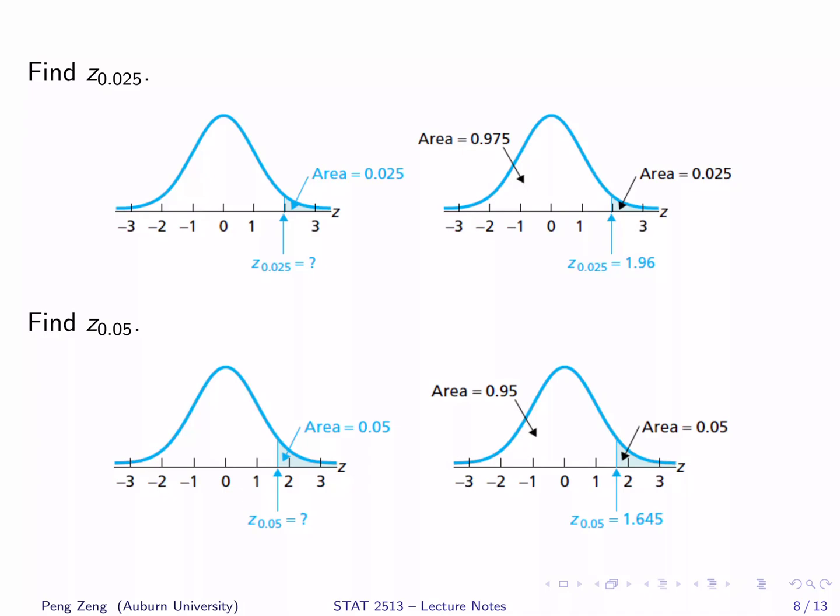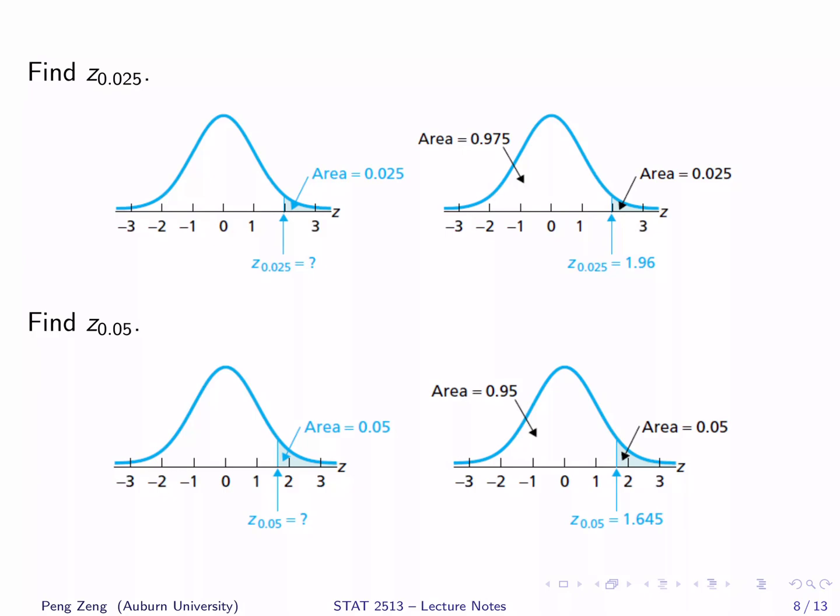Therefore, the corresponding z-score should be the average of their corresponding z-scores. 0.9495 corresponds to 1.64, and 0.9505 corresponds to 1.65. The average of 1.64 and 1.65 is 1.645. Therefore, the z-0.05 equals 1.645.